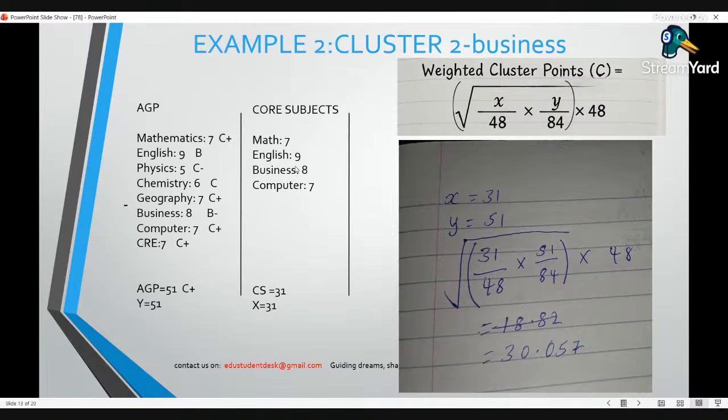It's not a must that you have done business for you to do a BCom course, but he performed well in business, so that's why we have picked it. When you sum the points, it gives you 31, and his aggregate points were 51. Then substitute it in the formula: x over 48 times y over 84 times 48. So 31 over 48 times 51 over 84 times 48, and then compute it, and we'll get this.